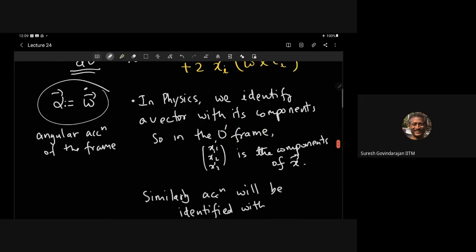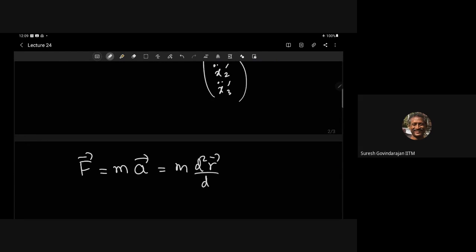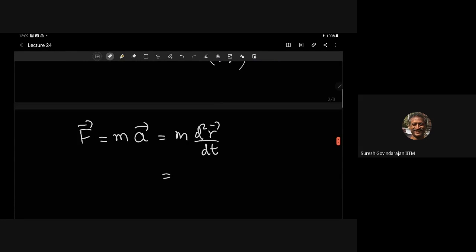Okay, so if you wanted to make Newton's law, if there is some external force acting, F equal to ma, you would have written m d square r by dt square. But what is happening is that in components you will write something like this: Fi equal to m xi double dot, plus there is a whole bunch of stuff, plus other terms.